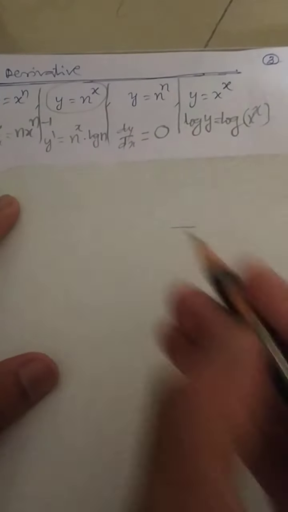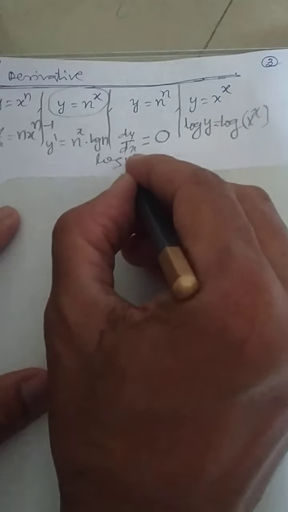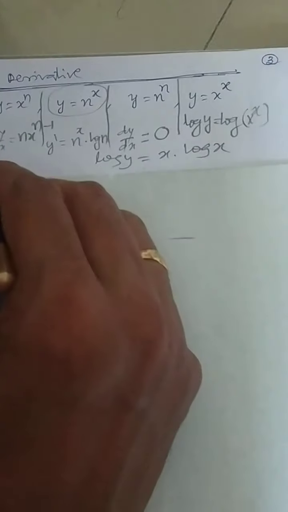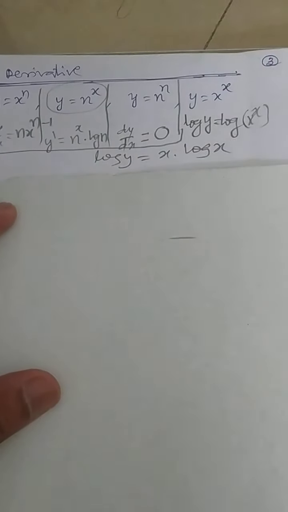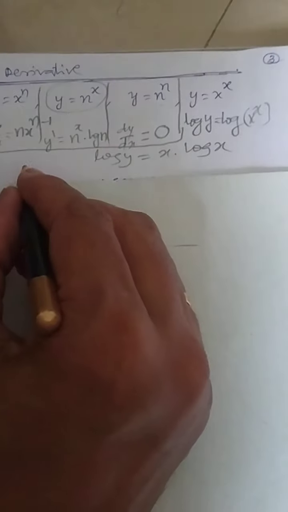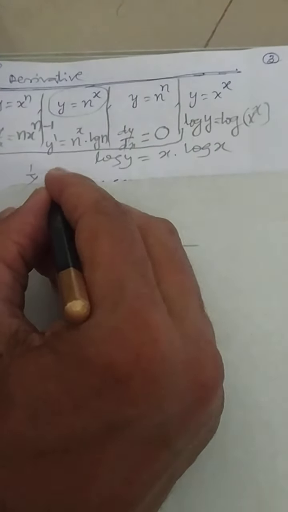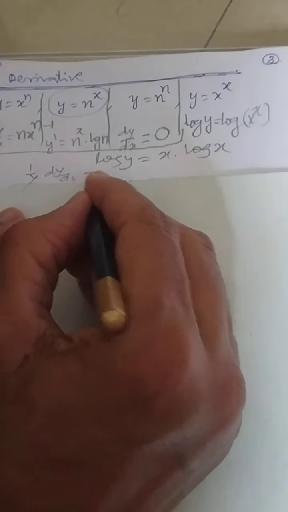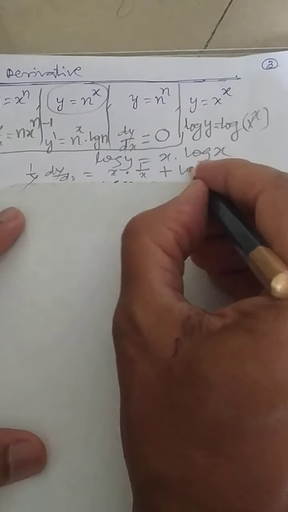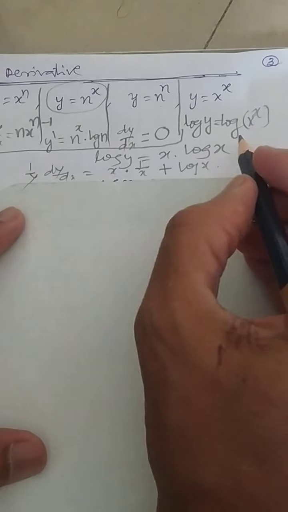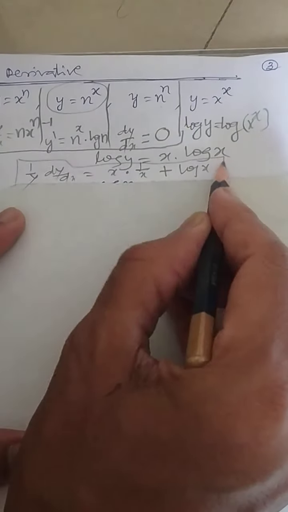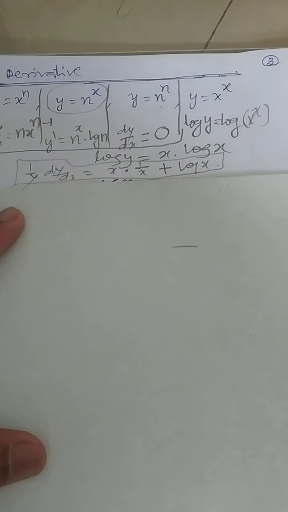So I can write log of y will be equal to x into log x. Is it okay? Now this differentiation is known to you because you have already learned the concept. It is 1 by y dy by dx will be equal to x as it is, derivative of log x is 1 by x, and this is log of x. What was our demand?